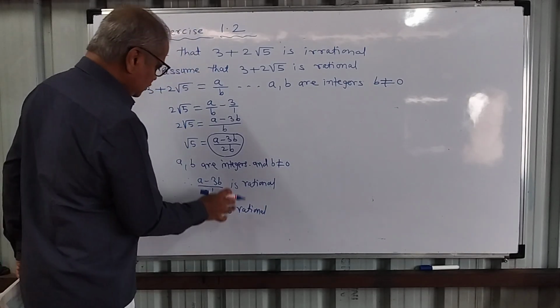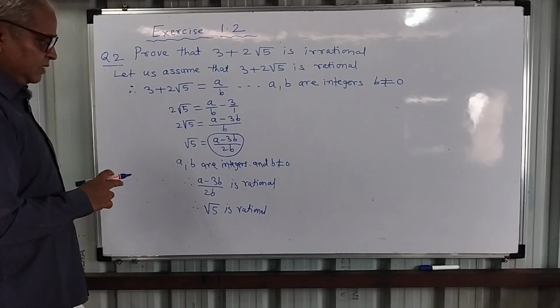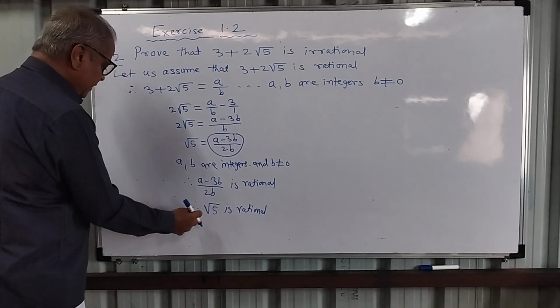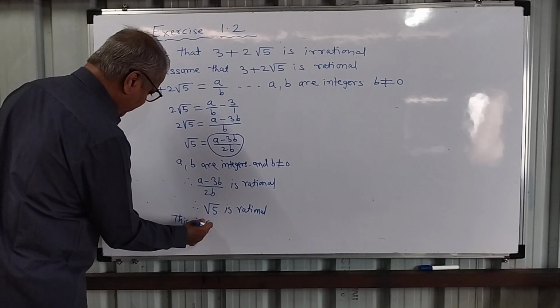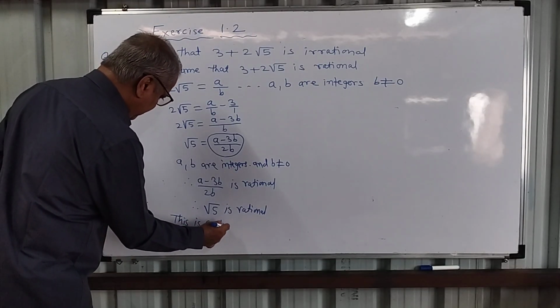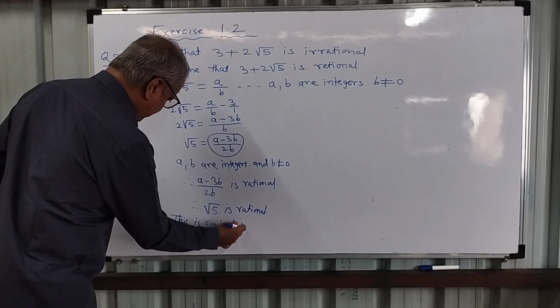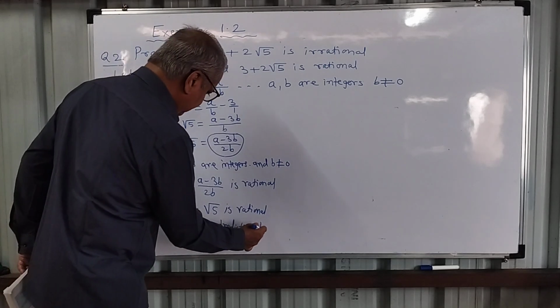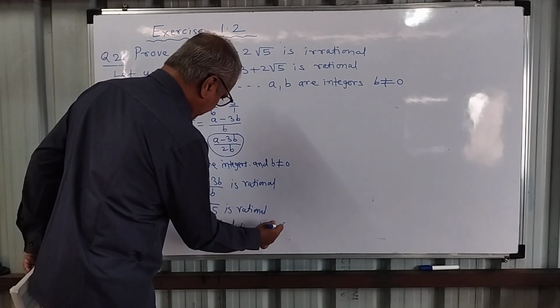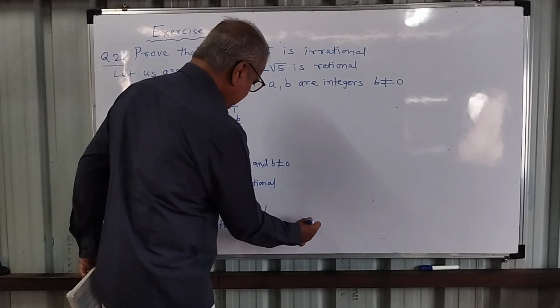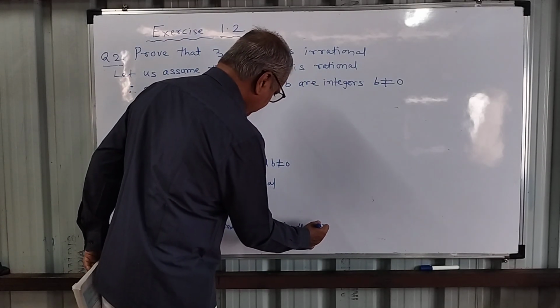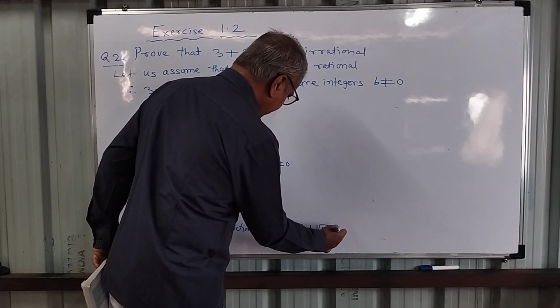But we know it is not rational, it is irrational. So this is again a contradiction to the fact that root 5 is irrational.